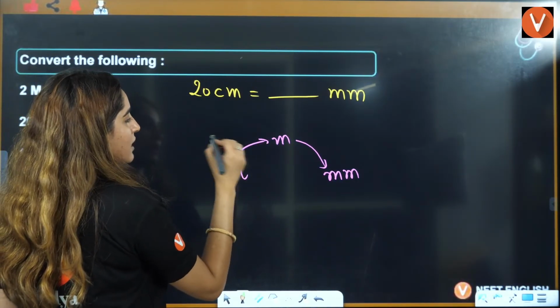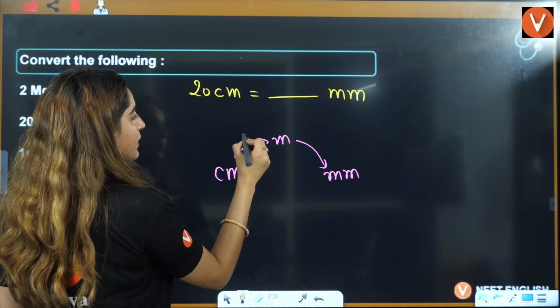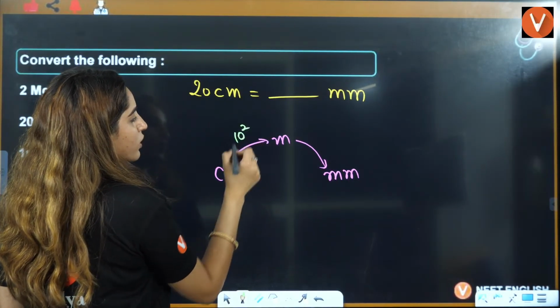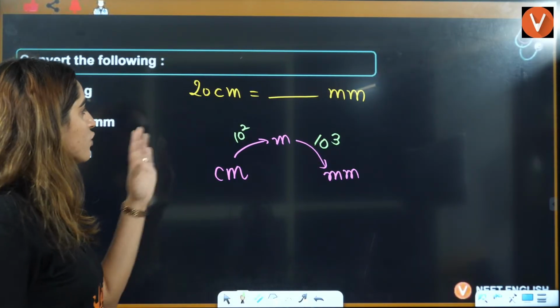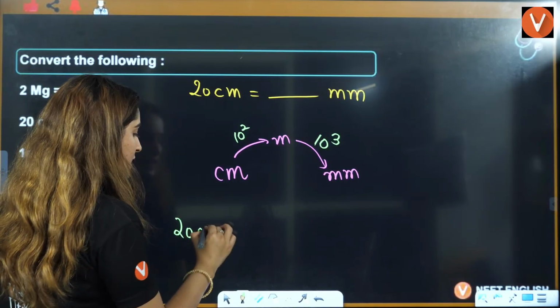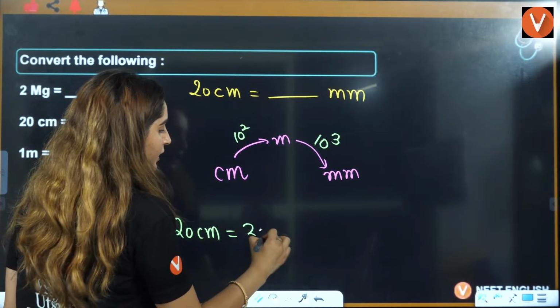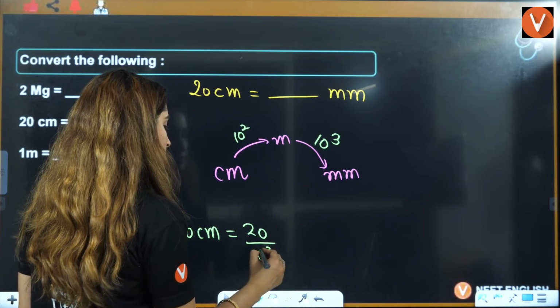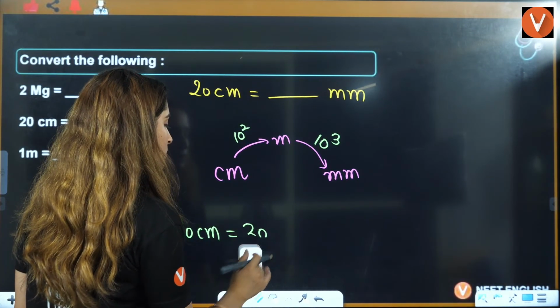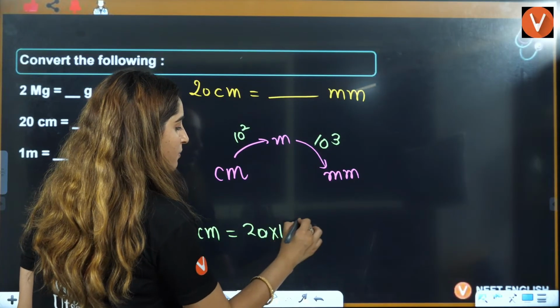So you can see 20, this will become 10 raised to power 2 and this is milli, so it will become 10 raised to power 3. Okay? So firstly what will happen, 20 centimeter is divided by 10 raised to power 2, and this is getting converted to 20 into 10 raised to power minus 2 meter.